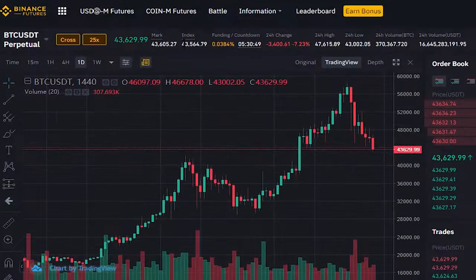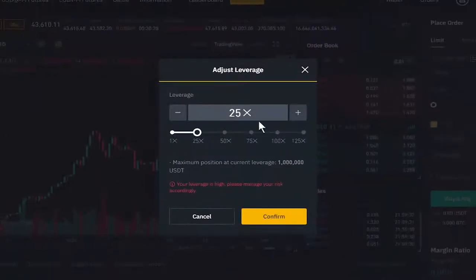You can adjust your leverage here. You can increase or decrease by the help of this plus button or minus button, or you can use this slider to adjust your leverage. The greater the amount of leverage, the lower the maximum position size. For example, you can see that for leverage 25, the maximum position size is 1 million USDT, but for leverage 100, for example, it's 250,000 USDT.